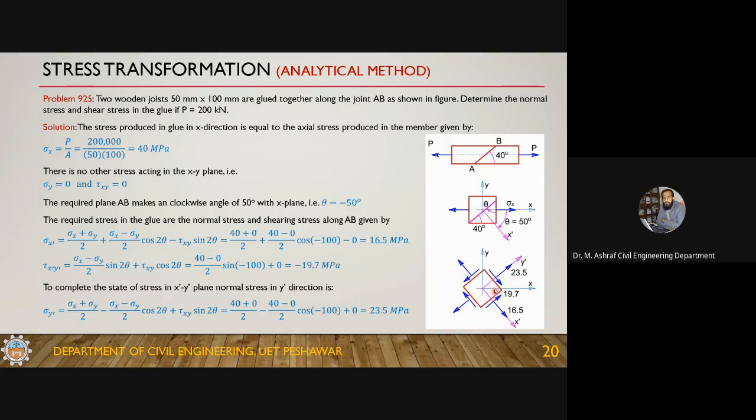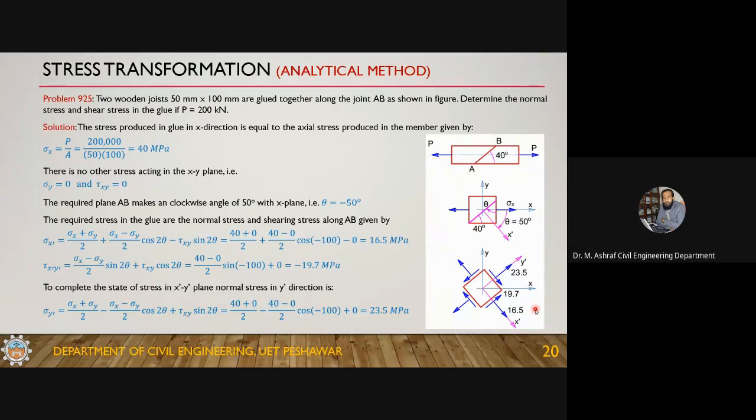So this is the complete state of stress, but the required values are 16.5 and 19.7. You will have to design your glue, or if a number of glue options are available to you, select a glue which has a minimum shear strength of 19.7 and a minimum tensile strength of 16.5 MPa.